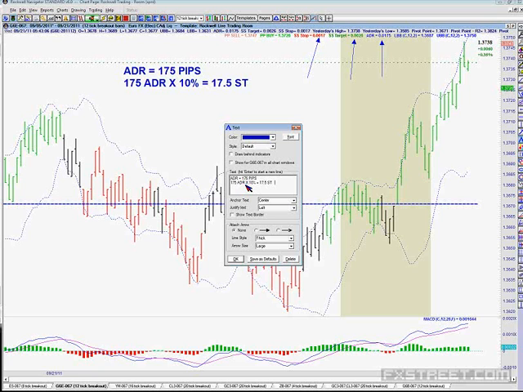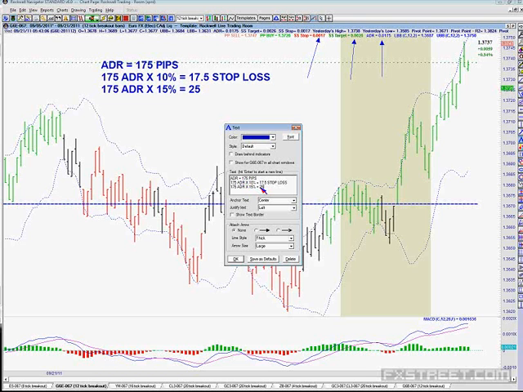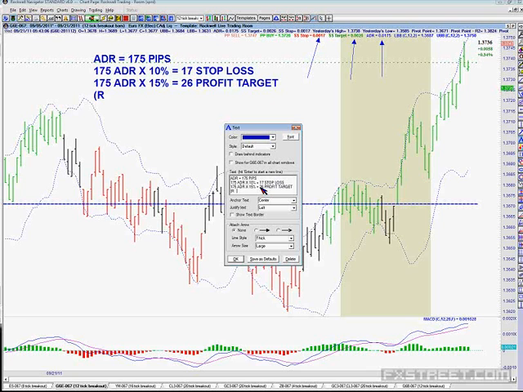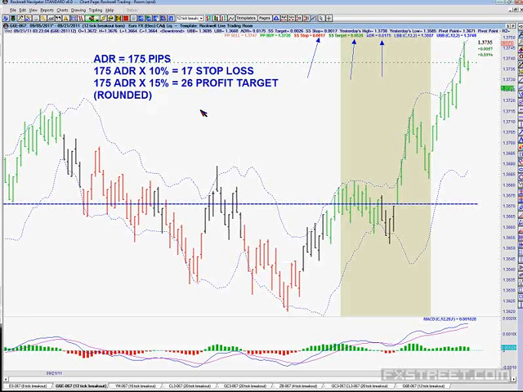That's going to be my stop loss. 175 ADR times 15%, well, my software has rounded up for the target, it looks like, and down for the stop. But either way, that's fine. And we'll just say rounded to make sure if anyone does the math. I mean, really at this point, one tick or pip difference isn't going to really matter. But based on my calculations, I'm looking for a 26 pip profit, and I'm willing to risk 17 pips.